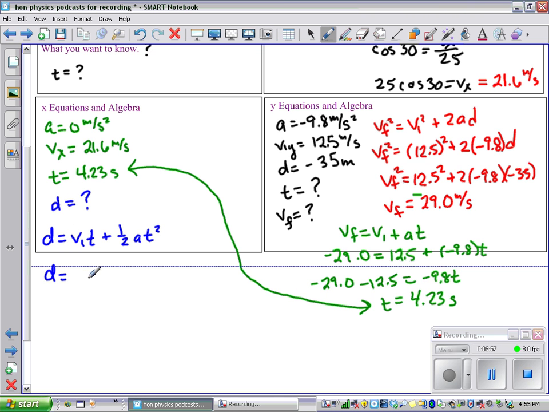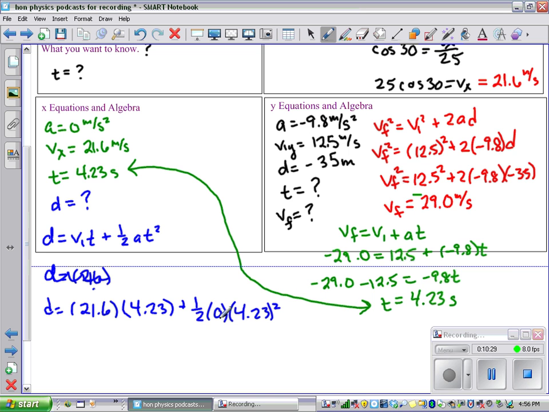D equals VI, 21.6. Whoops. 21.6, and I'll write it down here. 21.6 T, 4.23, plus 1/2 A T squared.